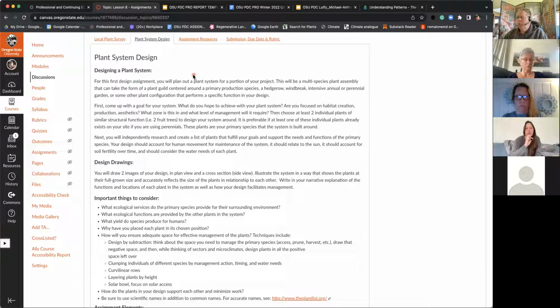So what we want to do is have a small example of a multi-species planting or assembly. So it doesn't have to be your whole garden. It just needs to be a section of it where we're going to get a variety of different layers of planting. So here we're asking for a guild as well.